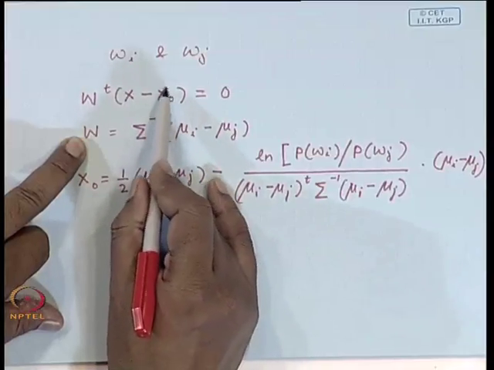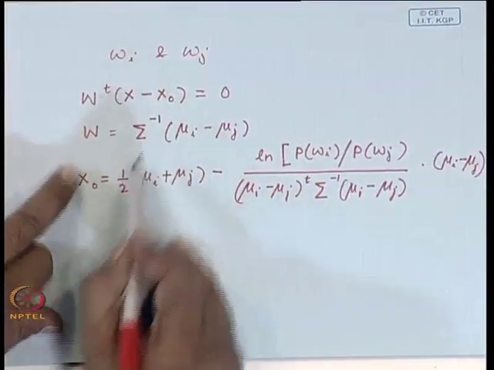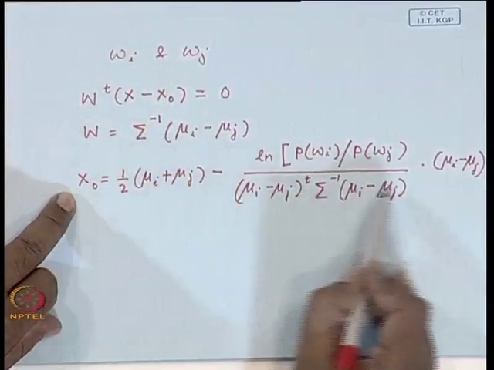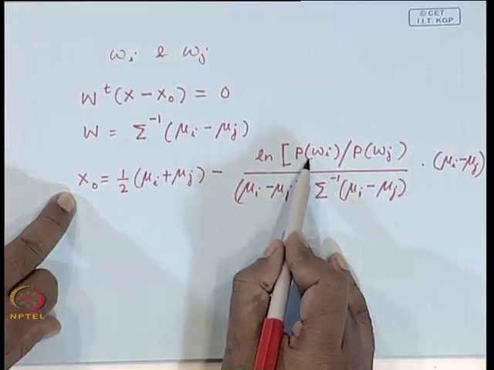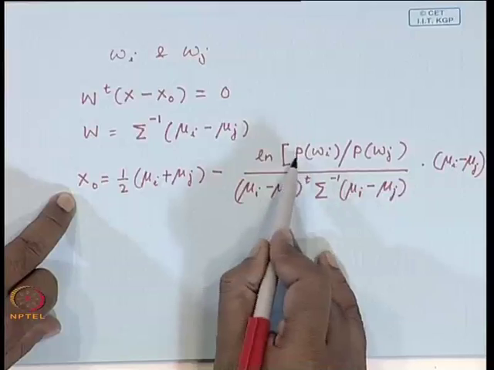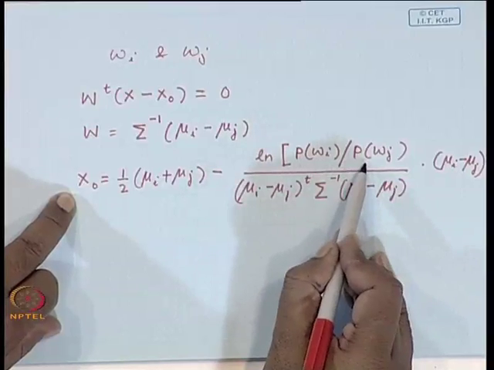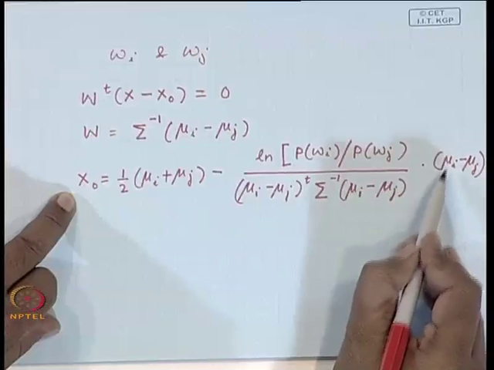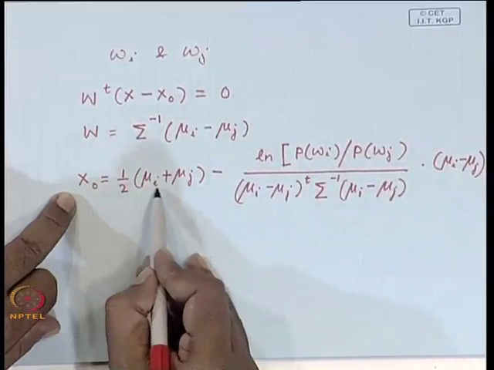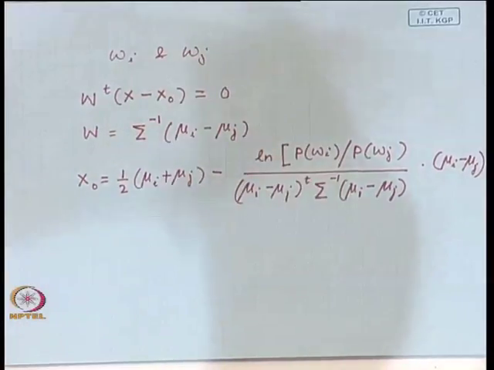But the decision surface passes through the point x0, where the expression for x0 is given by this. Here again, if P(omega_i) and P(omega_j) are the same, then this term becomes 0. When this term becomes 0, then x0 is 1/2 (mu_i + mu_j), that means it is halfway between mu_i and mu_j.